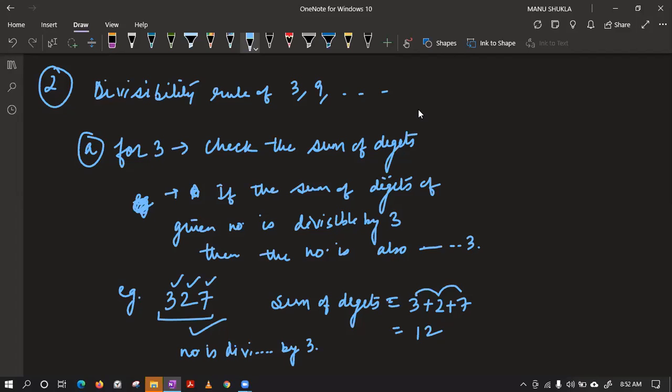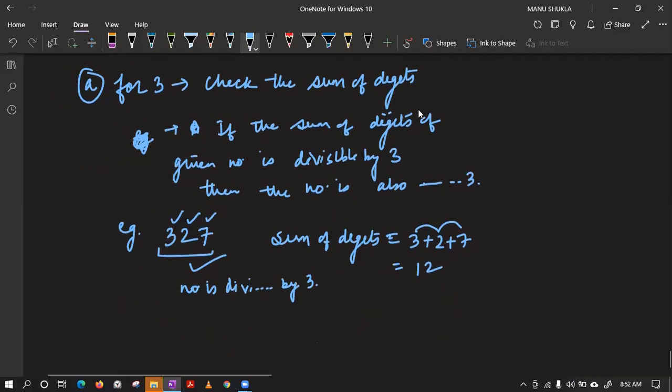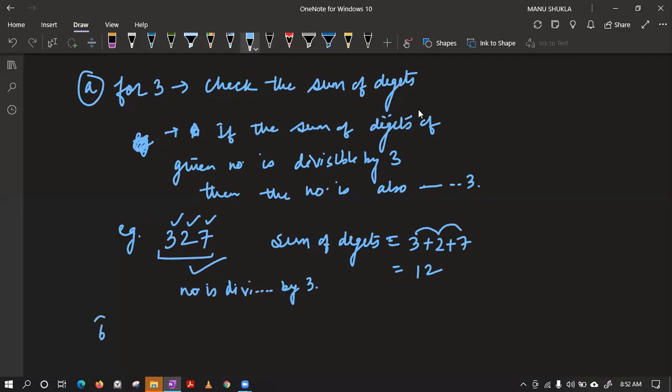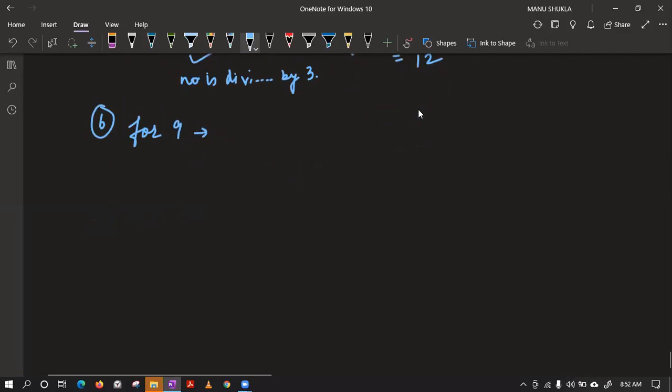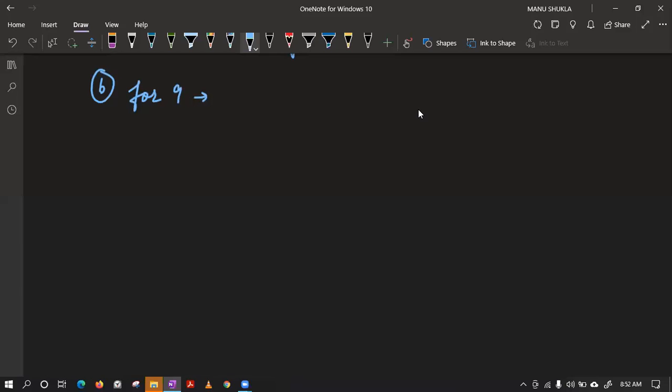Similarly, let's see the rule of 9. 9 is nothing else but a multiple of 3. Class, tell me the rule for 9. The sum of digits should be divisible by 9.